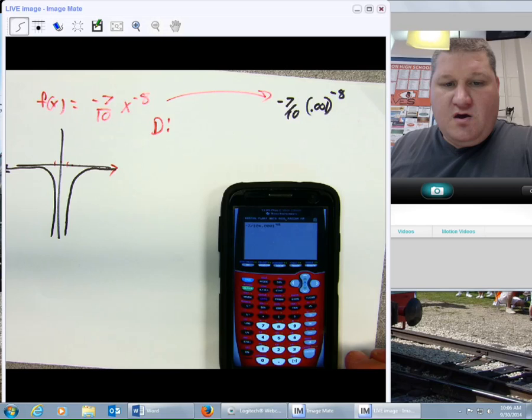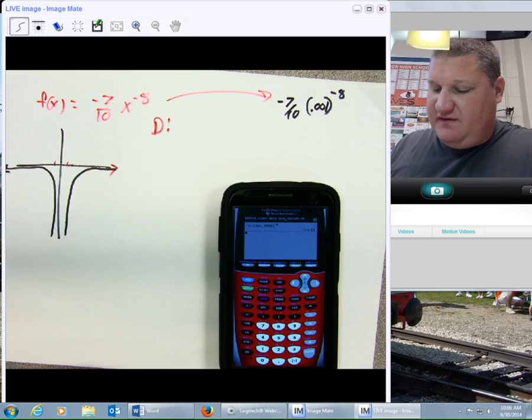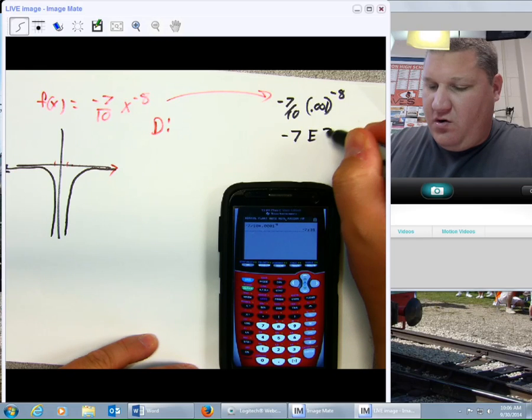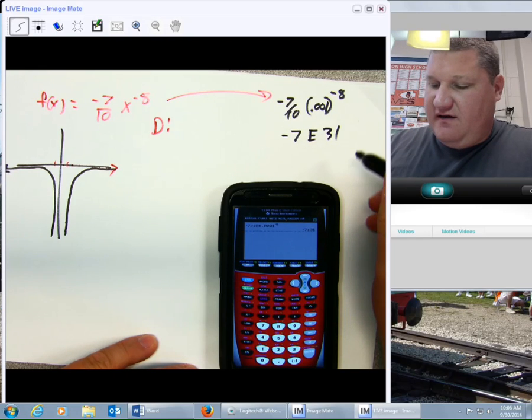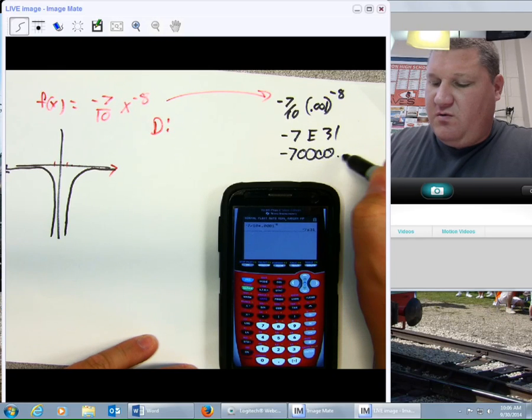Okay, when I plug this in to my calculator, I come up with -7 e to the 31, which means -7 with 31 zeros behind it.